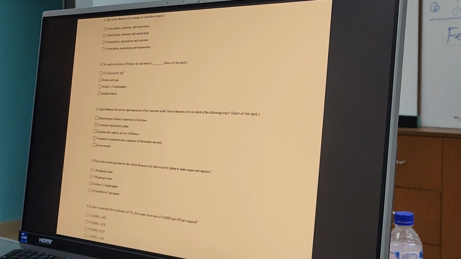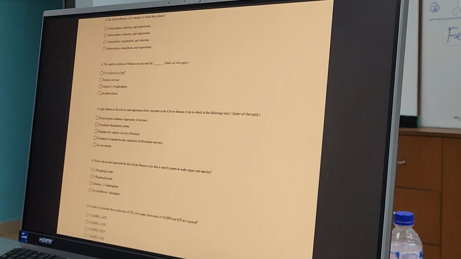Okay, we go to B. It's okay, KIV. How about B? Ferredoxin-thioredoxin system. Correct. Okay, B is correct. What about C? Regulates the catalytic activity of Rubisco. You just learned that up front.